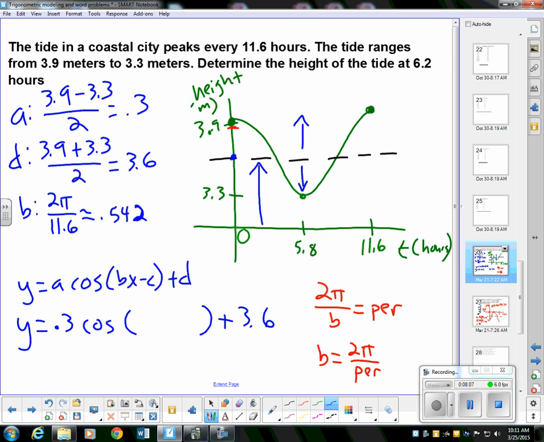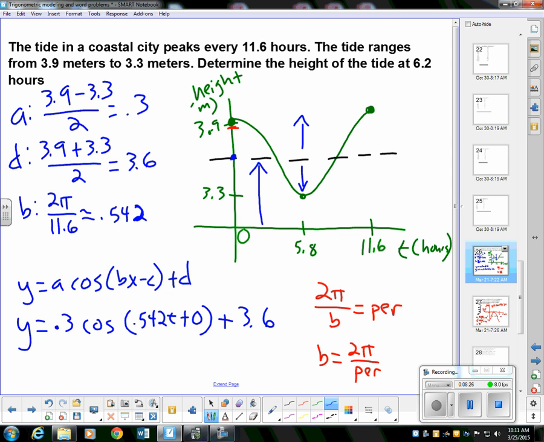So we have 0.542, and I'm going to use t instead of x because I'm going to be consistent with my x-axis label. And then the only other thing is c. Well, we chose cosine because that means there is no horizontal shift, so c is technically 0.